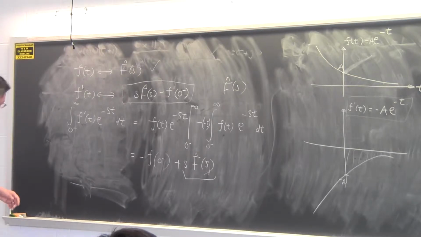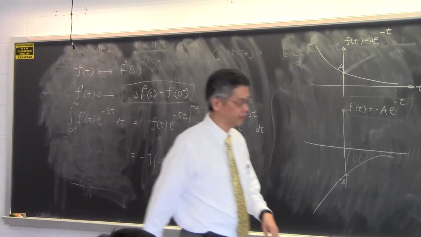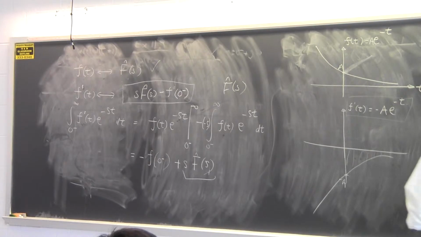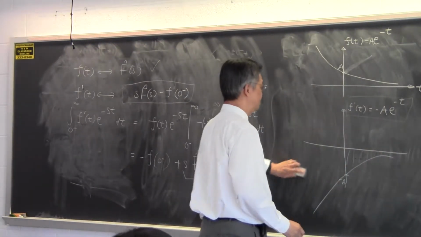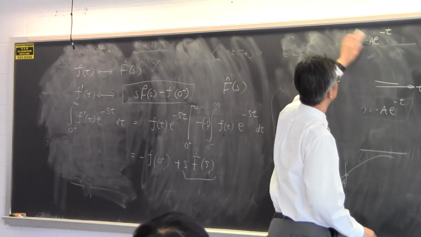So you can go on and on. If this is true for the first derivative, what should be the Laplace transform of the second derivative, if we apply this rule over and over again?